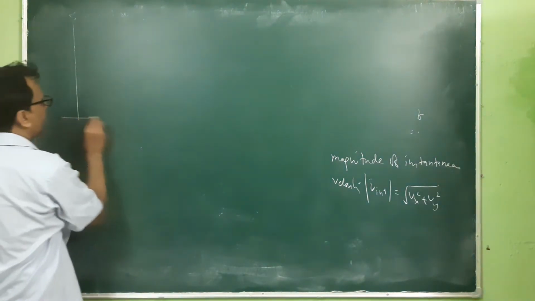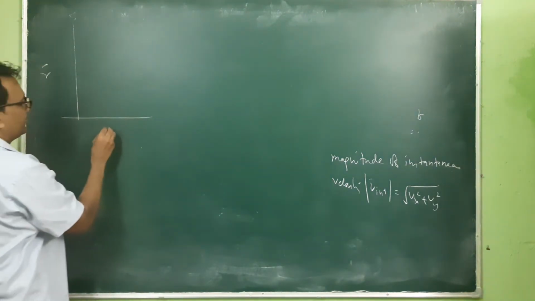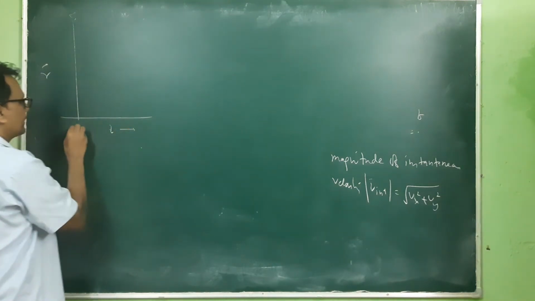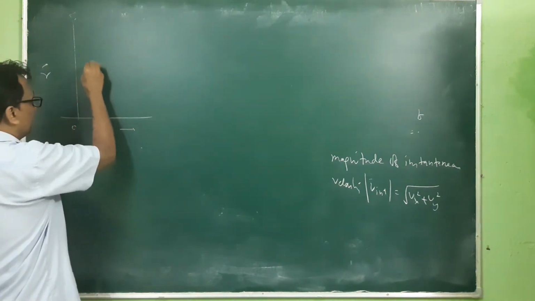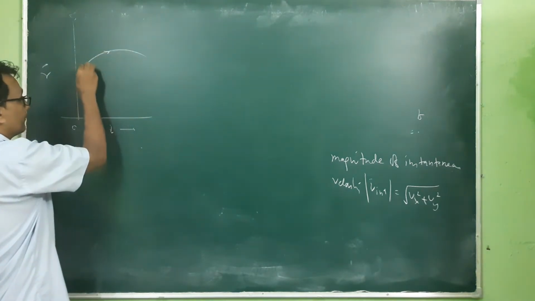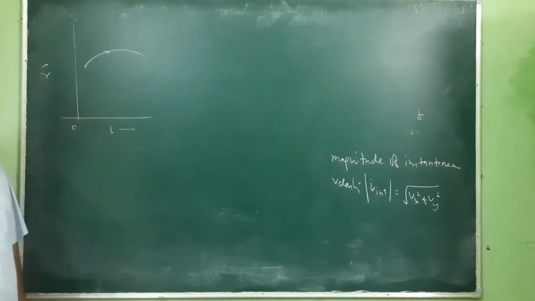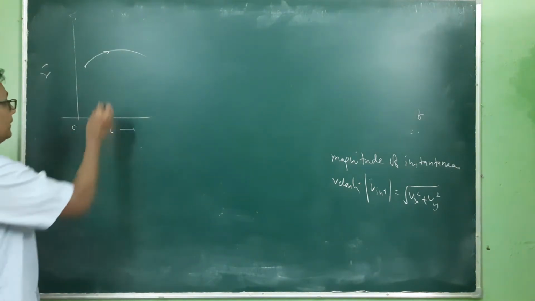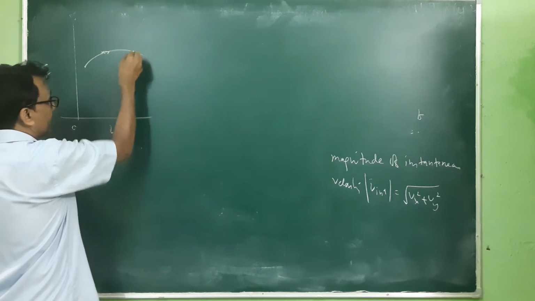So this is the r and t plot starting from 0, and let's say this is the path along which the body is in motion. We are calculating the velocity at these two points.